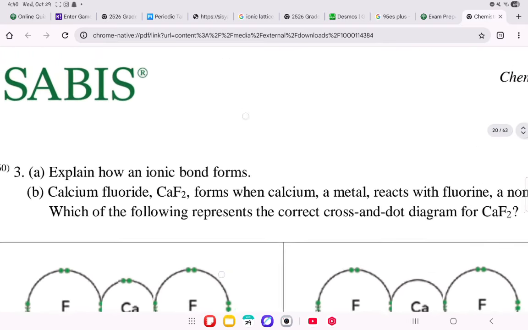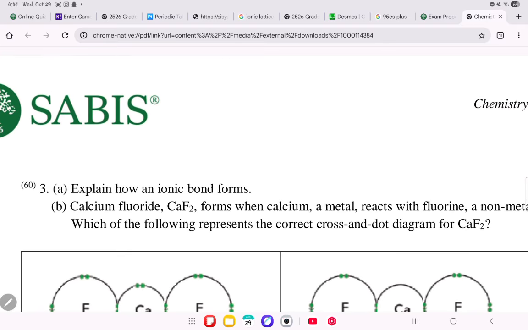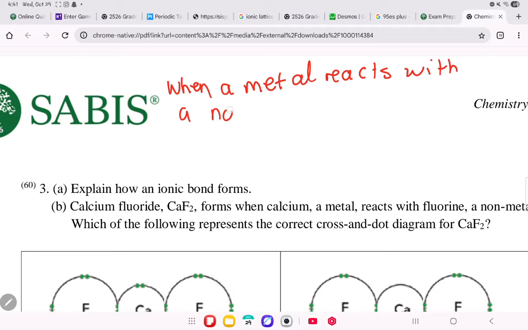So if we wanted to explain this, let me just write it up here. We should say that when a metal reacts with a non-metal, it will form a cation from the metal.